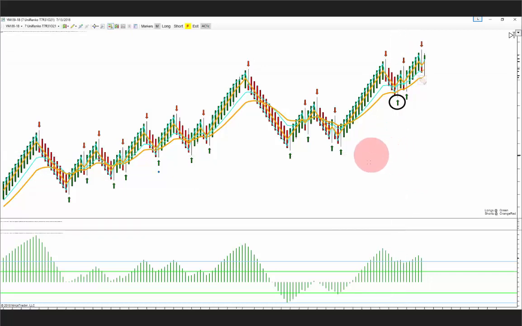And again, when I taught it to the Indicator of the Month Club, I provided a range of settings. I told you exactly what my settings are for this chart, but then there's a range of settings. You don't have to create it exactly like this for it to work.